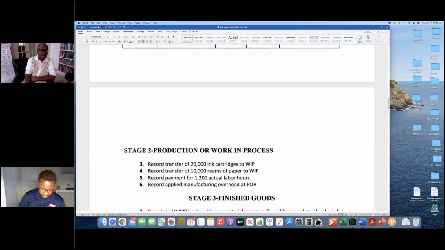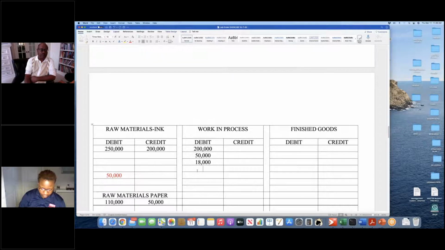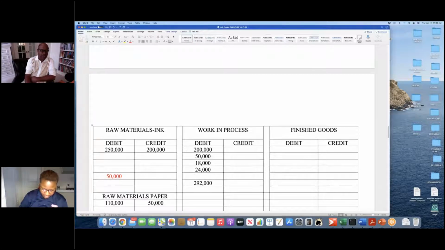Let's go ahead and post that. So how much money do we have in total in this work in process account now? $292,000. So on the debit side, we have 292.